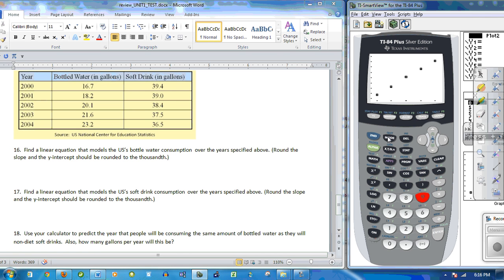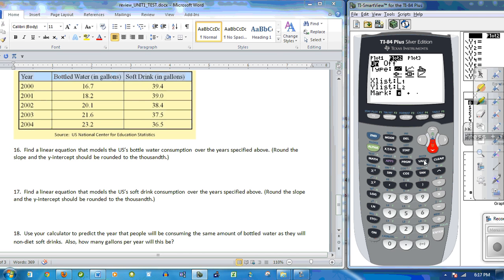And then I'm going to go to second stat plot again, but choose number 2 for plot 2. I'm also going to turn that on. Now a little differently down here, I need to make a choice around what list I'm going to graph.